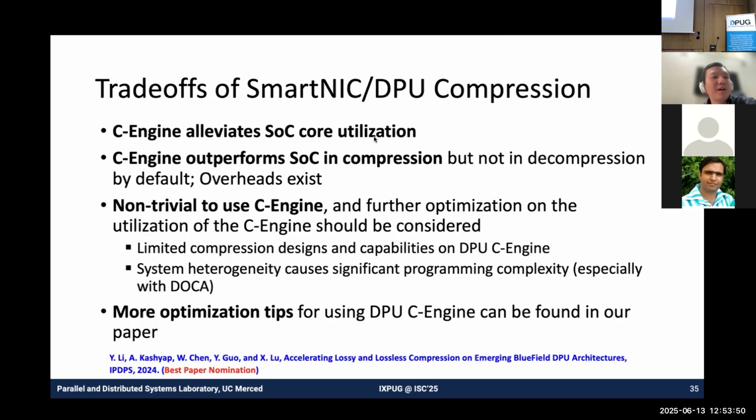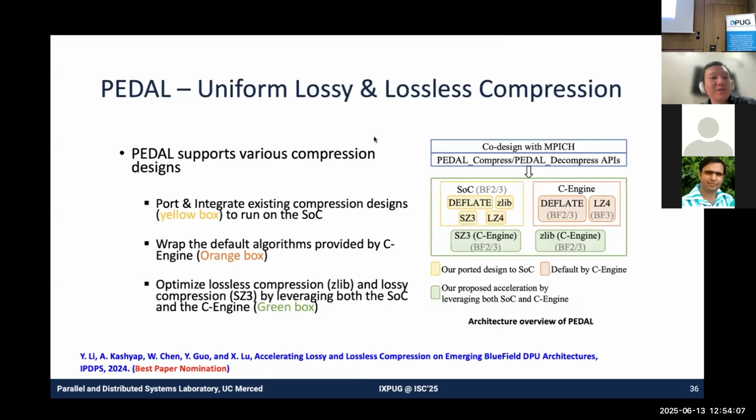So to summarize, the trade-off of using a DPU for compression is that the compression hardware accelerator can improve performance, but this is not trivial, even if you want to get the benefit for the application. We have a paper in IPDPS 24, which summarizes all these things in detail.